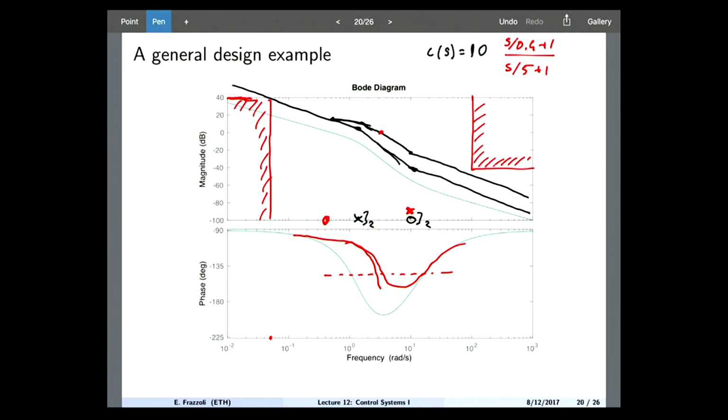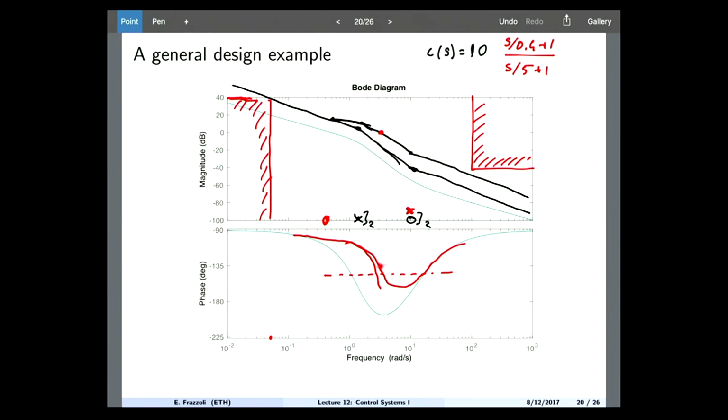Yeah, question? No, you see, again, it's easier for you to do it if you have some square paper or something like it. But look at it now: the new crossover frequency is this one. What is the phase?